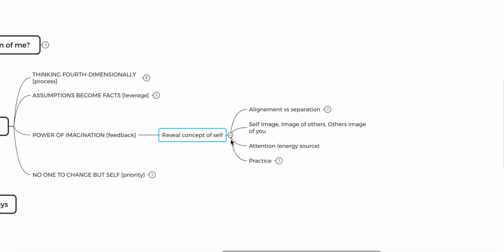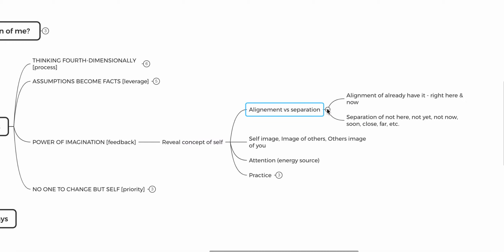Either will work. And what I learned from Neville Goddard, there's three main ways how to reveal your concept of self. And one is through feeling how aligned or how separated you are from your desire. Let's say that meeting.